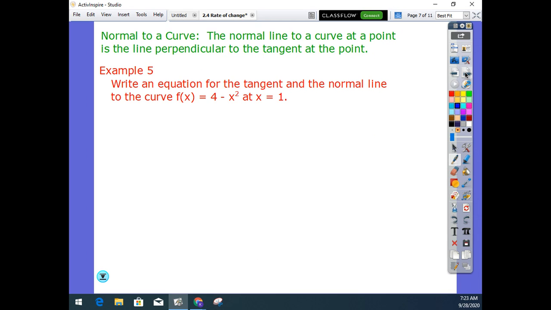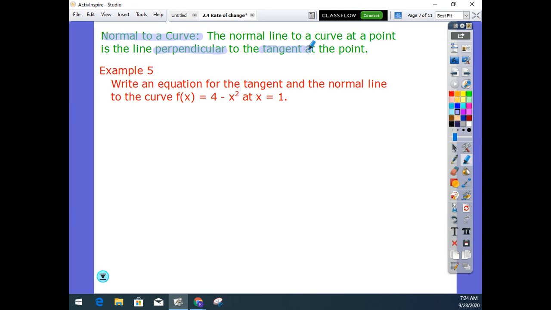So where tangent is just your slope of the original curve, the normal is the perpendicular to the tangent. So you're going to do everything the same. Think of the chapter 1 test where you had to do the parallel line and the perpendicular.